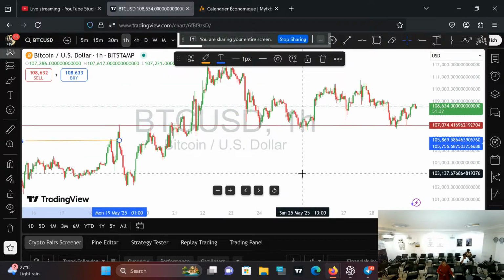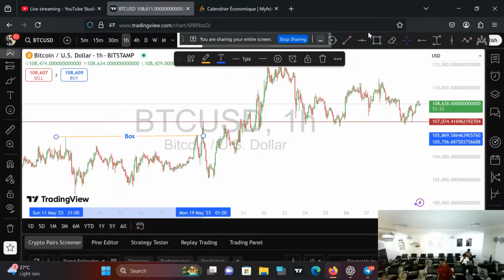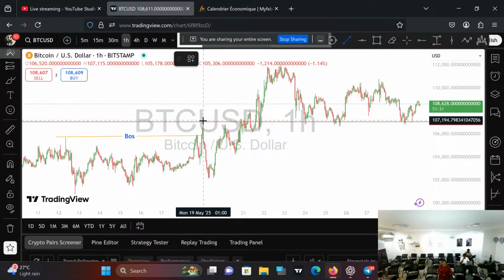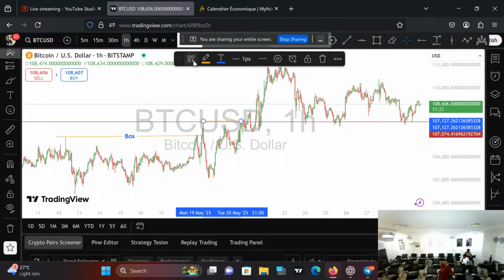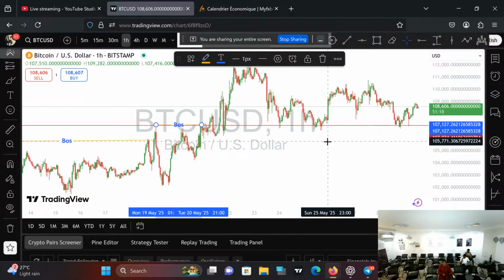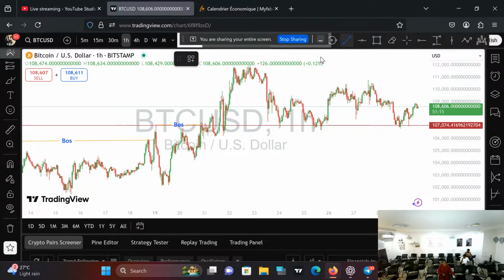Then we can move down to the 4 hours to see the market clearly. We have another break here, and this is a key level because we marked it on the daily time frame. We have another break here.